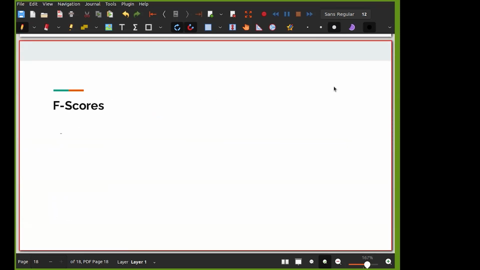Next topic is F scores and why we need F scores. We need F scores because it is possible to reach 100% recall. As you retrieve more and more documents, or as you move your threshold, we had this range 0 to 1 for probability, and threshold we could choose anywhere between 0 and 1. But if I choose my threshold to be 0, then everything is classified as positive class and my recall becomes 1.